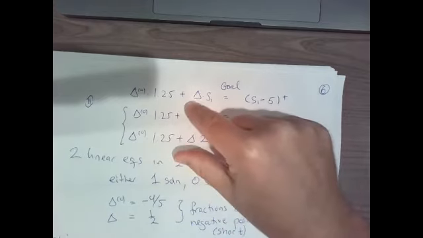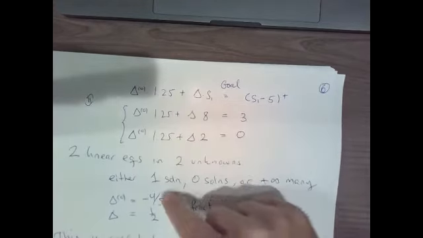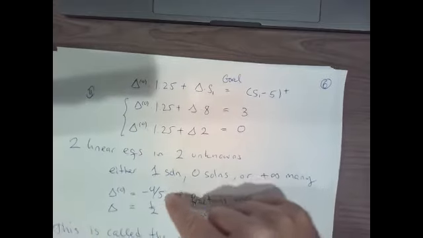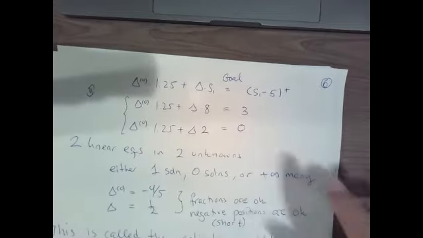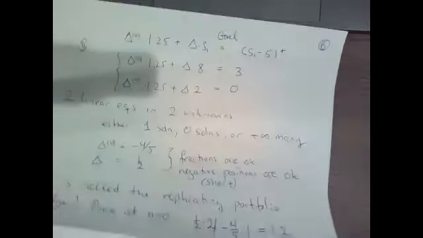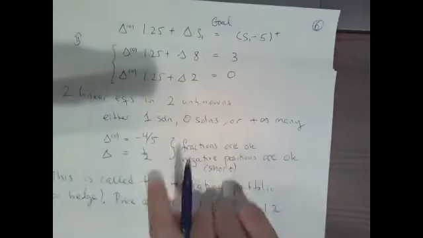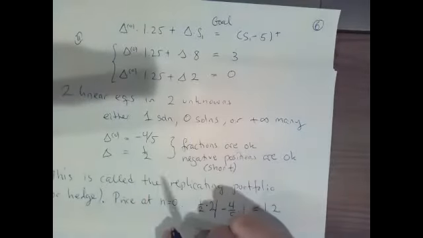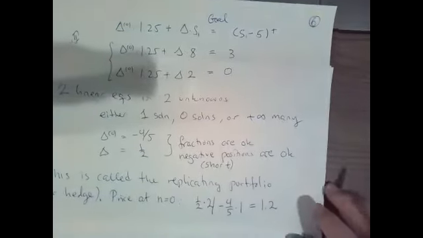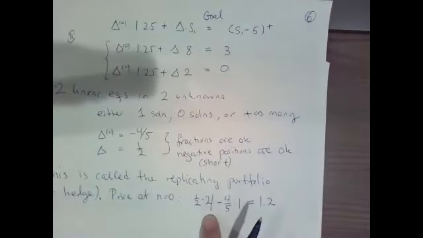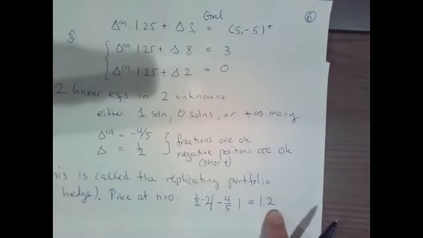I solved them. I got these two numbers down here. And so given these two numbers, I just figure out if I am to buy half a stock and I am to buy minus 4/5 units of the bank, how much is that going to cost me? And I get 1.2.